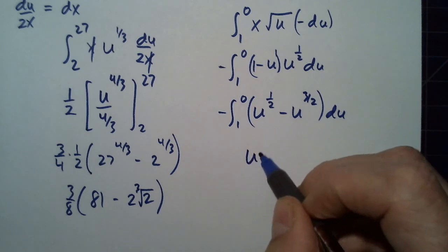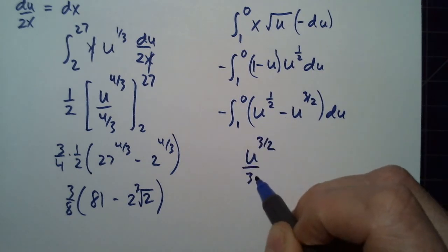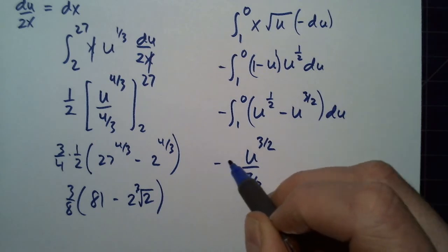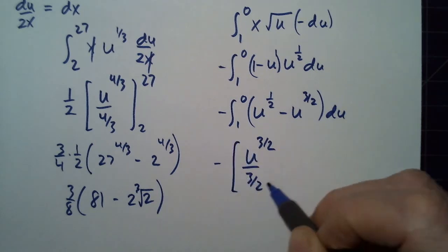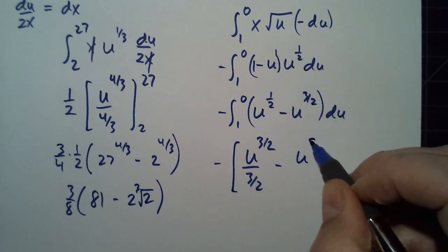Now we do the antiderivative. 1/2 plus 1, 3 over 2, 3 over 2. 3/2 plus 1 is 5 over 2.